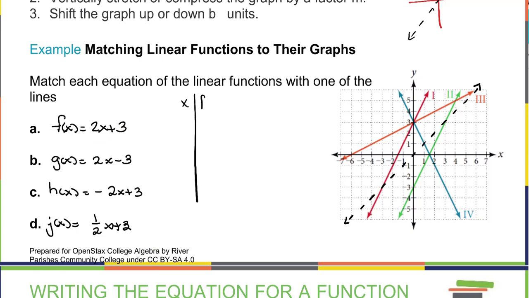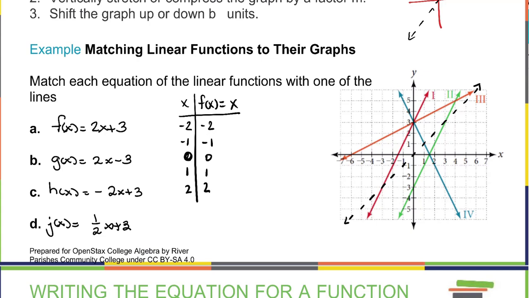And I'm going to just name 5 points on the identity function graph. And they're easy to name because the x always equals the y.